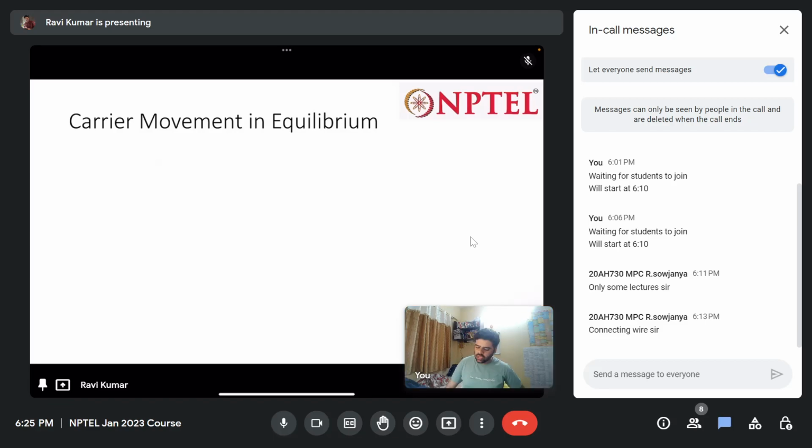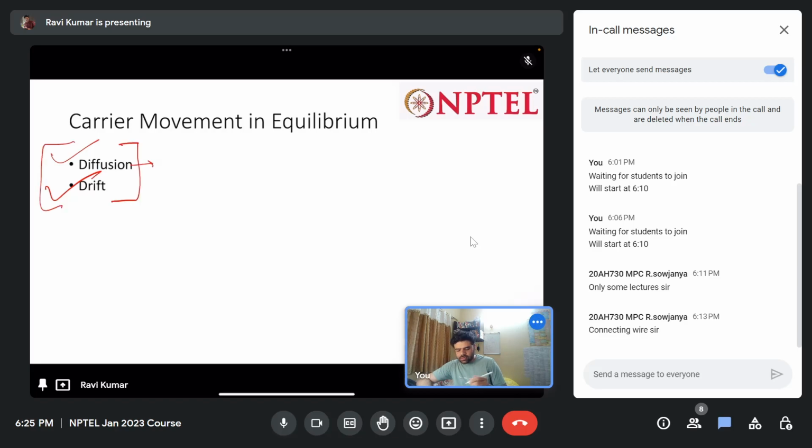So there are two types of carrier movement, diffusion and drift. You already know them. Just revision: diffusion is because of carrier concentration difference, and drift is because of electric field.